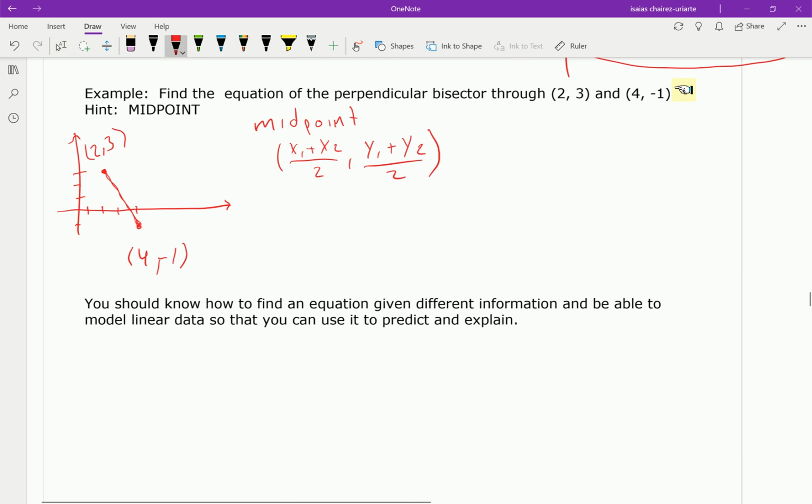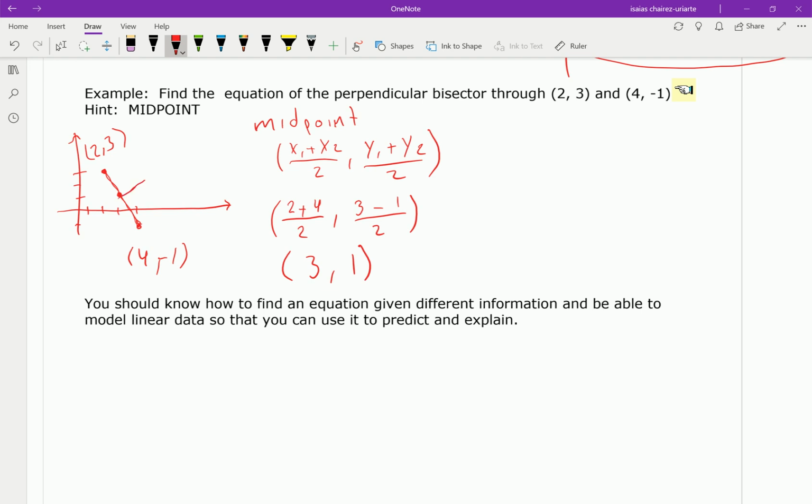So it's going to be the sum of the x's divided by 2, so 2 plus 4 divided by 2, comma, the sum of the y's, 3 minus 1 over 2. Well, that is just going to be 3, and that's going to be 1, because it's 6 over 2 and 2 over 2. So 3, 1, that is my midpoint.